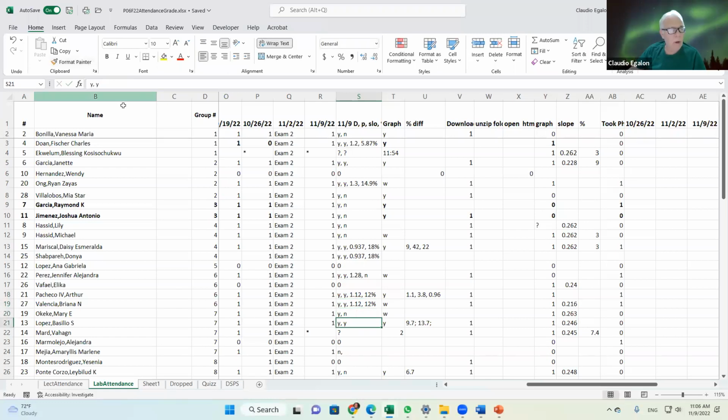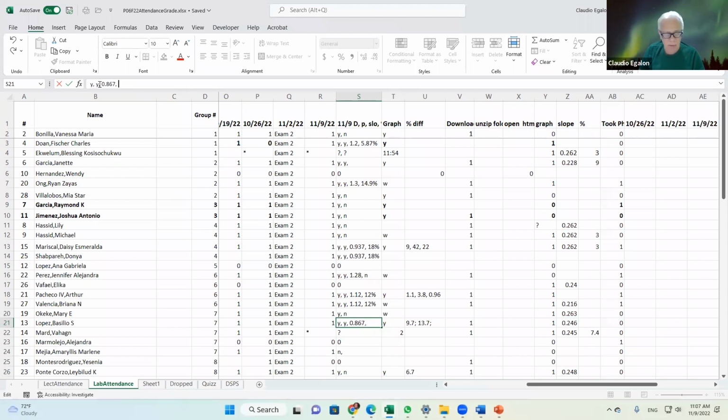Okay, Basilio, you got this slope, right, Basilio? You got the graph and you got the slope, right? Yes. What was the slope you got? 0.86, huh? That sounds a little bit too little.